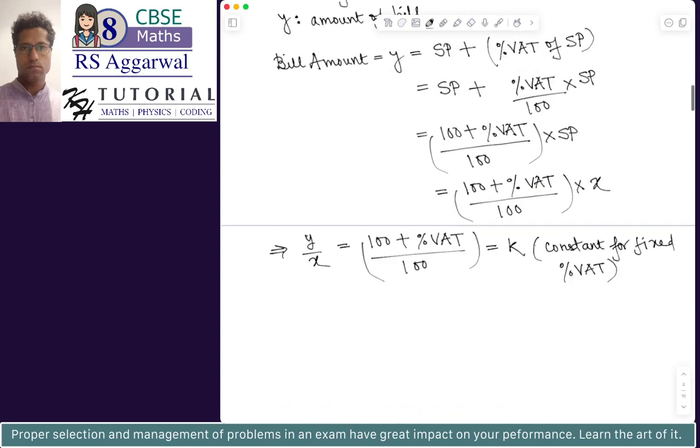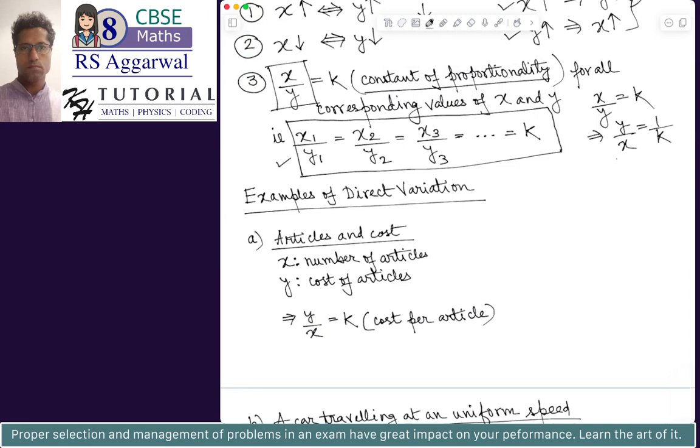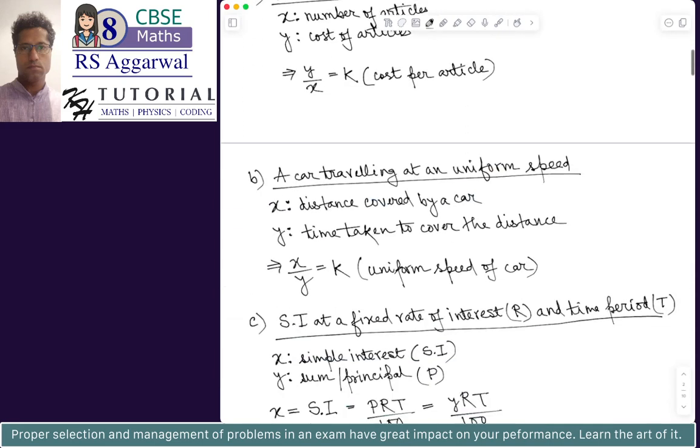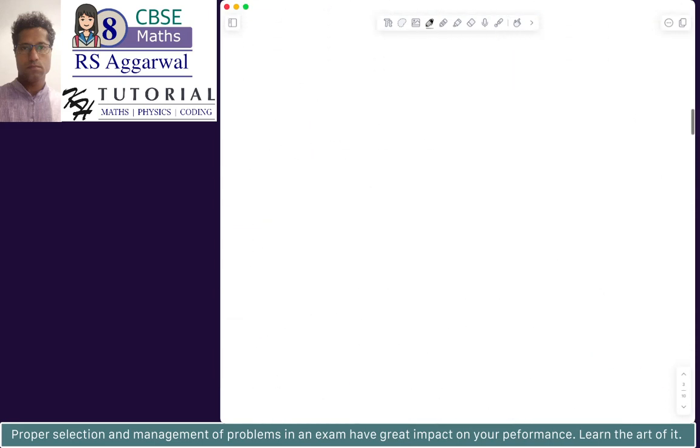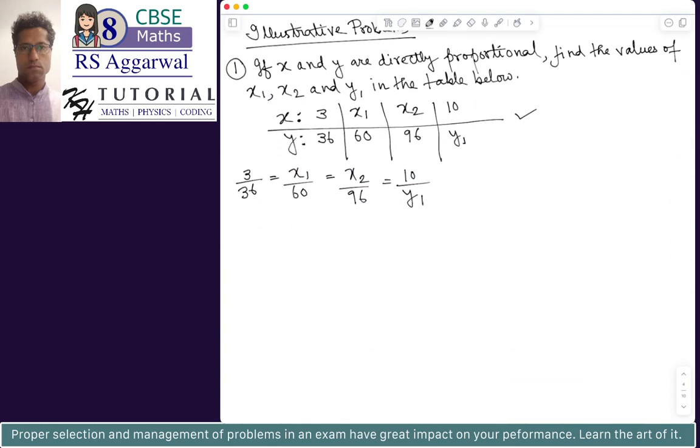We are applying the concept that we discussed, that x1 by y1 is equal to x2 by y2 is equal to x3 by y3. You can also write this result as y1 by x1 is equal to y2 by x2 is equal to y3 by x3. It will make no difference in solving the problem. Okay. So I am considering the ratio x by y. So I must have this. Now as you can see, from this result I will immediately get the value of x1.